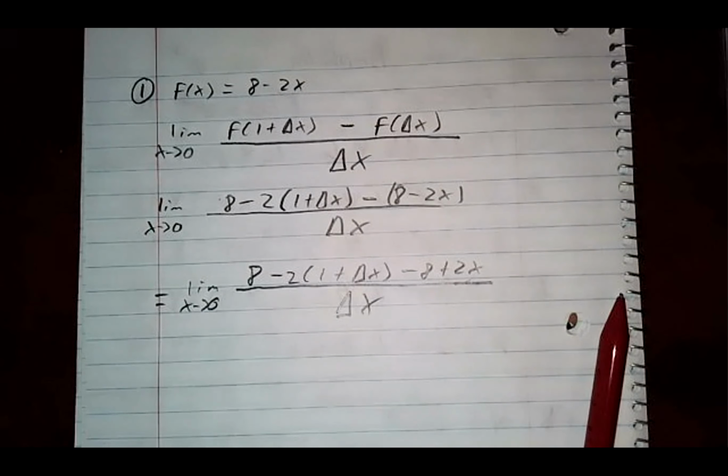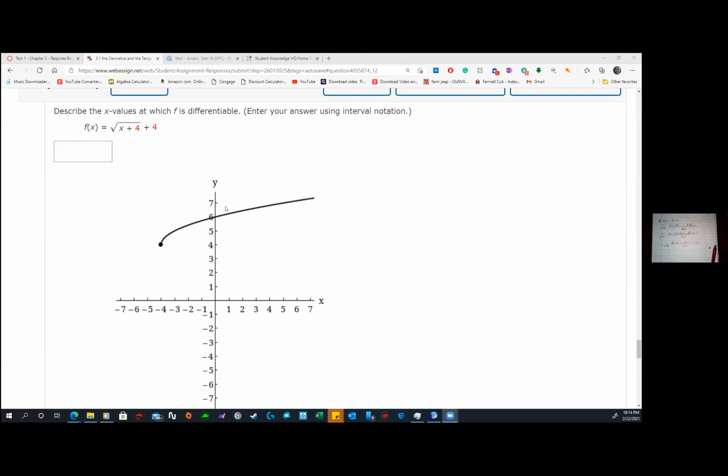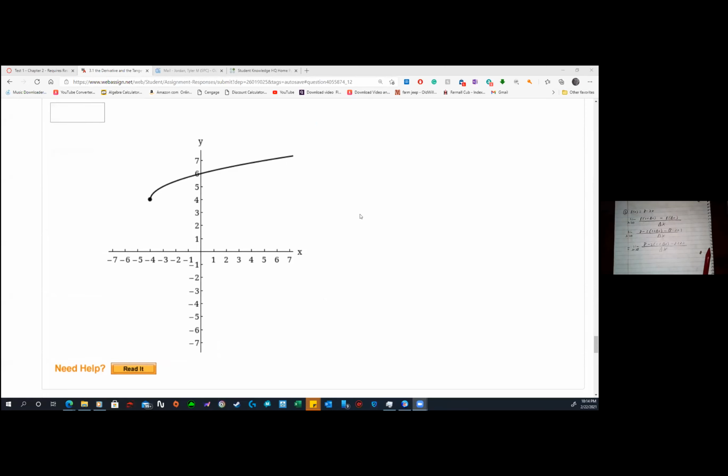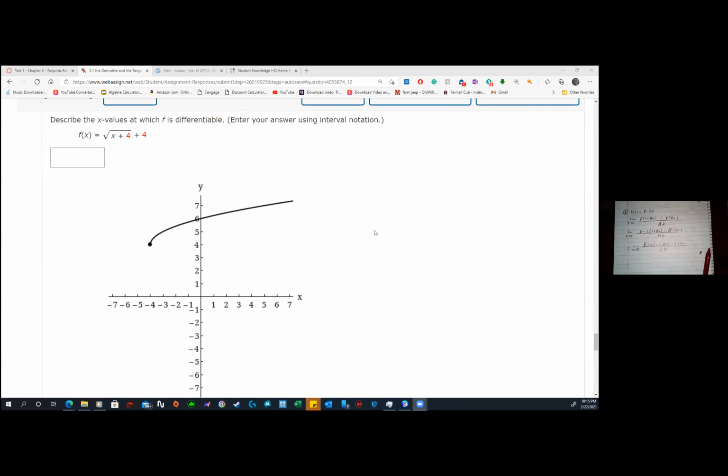Here we go. Okay, so look at the question. The square root of x plus 4. There are no issues with this function. Let me try and think of a good way to explain it.